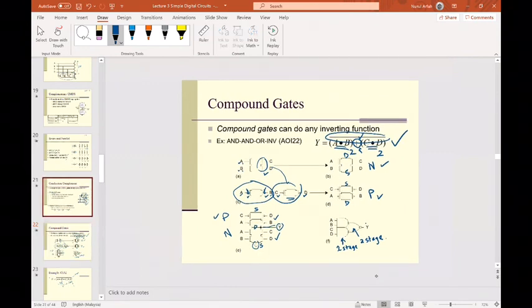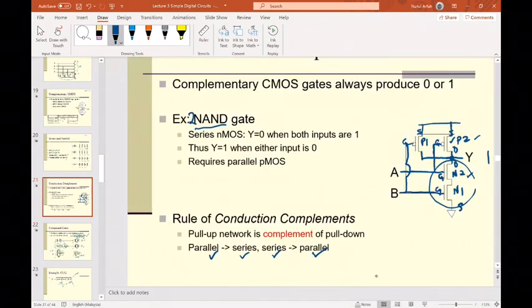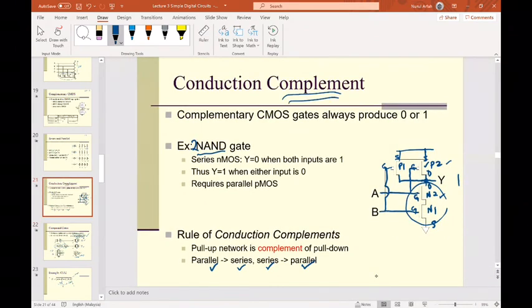That's why in your previous slide, they put a complement conduction, right? A complement. Why complement? First you have the NMOS, and then second part you should have the PMOS. But for PMOS you need to do the negate side or the opposite side of the NMOS.